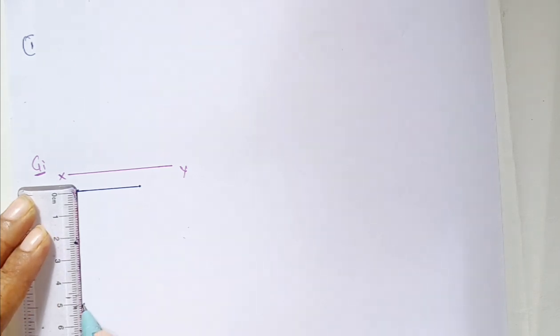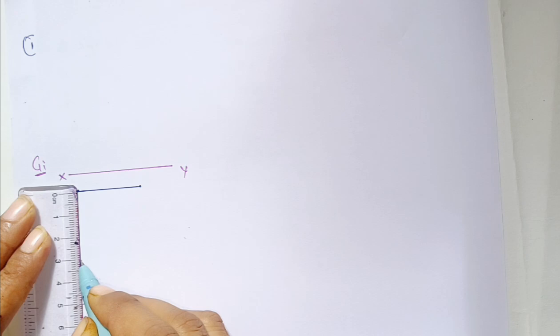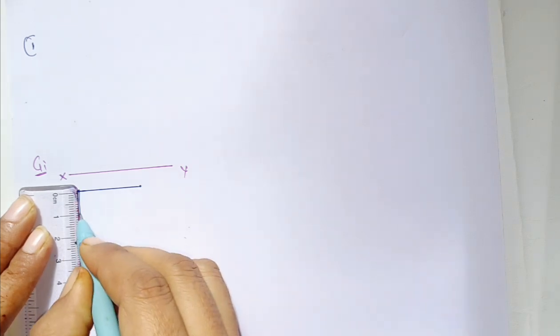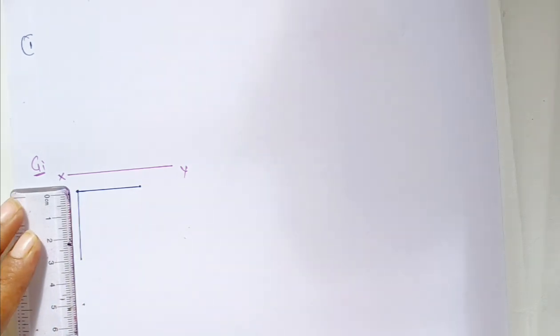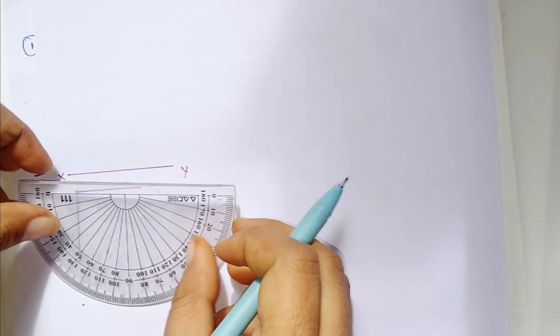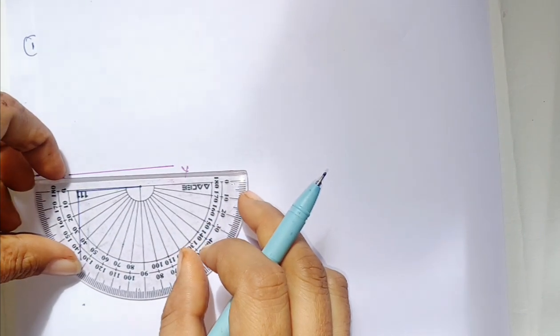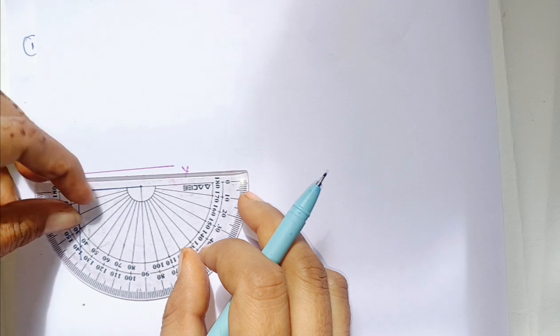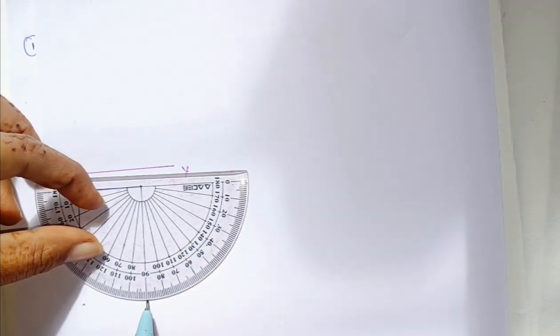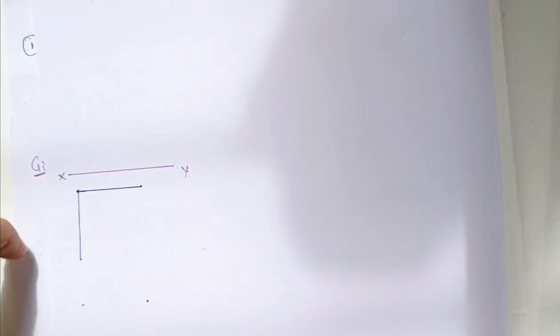This is the 90 degrees point and I need a 30 mm side, so I am projecting only 30 mm. I am not extending any line. Next, similarly take the second point, and also measure the 90 degrees point, then remove the protractor.